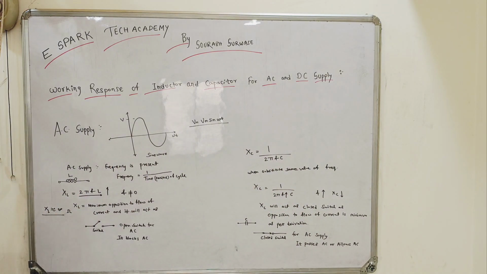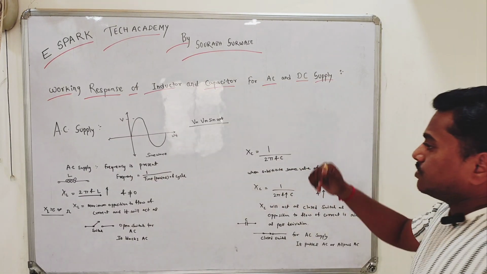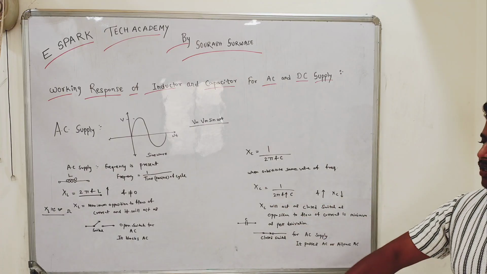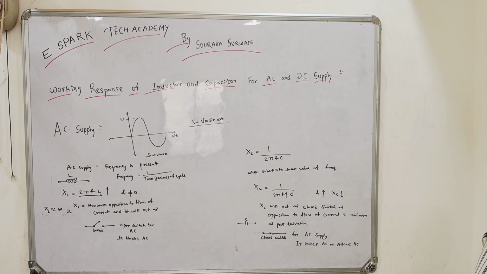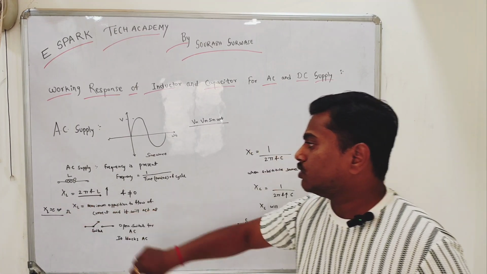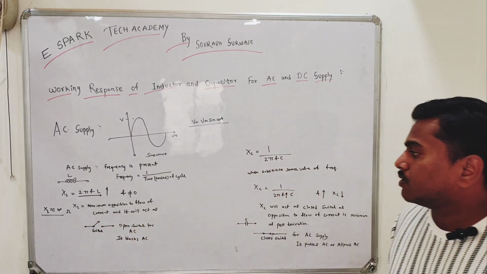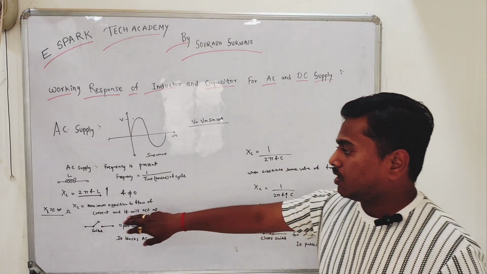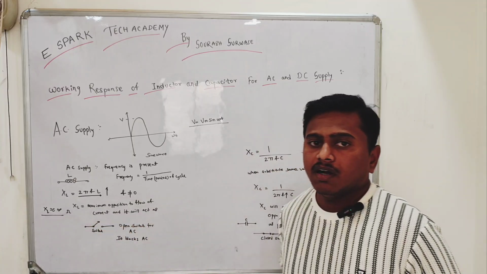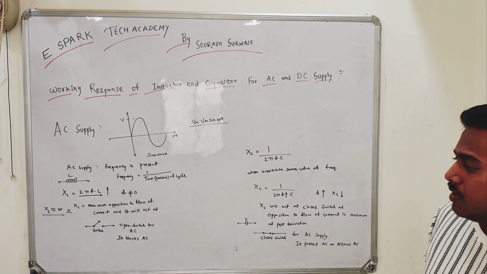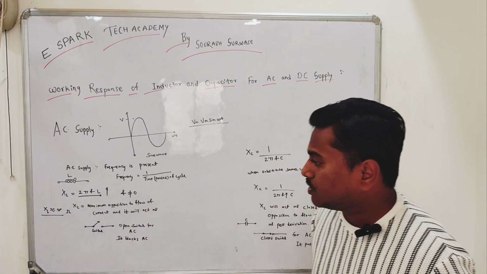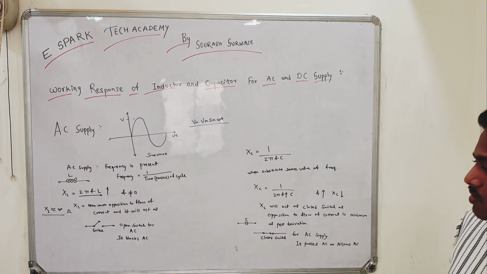Just now we have proved for AC supply the frequency is present, it is a non-zero component in this case. That's why as XL is directly proportional to frequency, the opposition will be more to the flow of current. Hence in ohms it may be similar to infinity, and that's why it will act as an open switch because of high resistance.